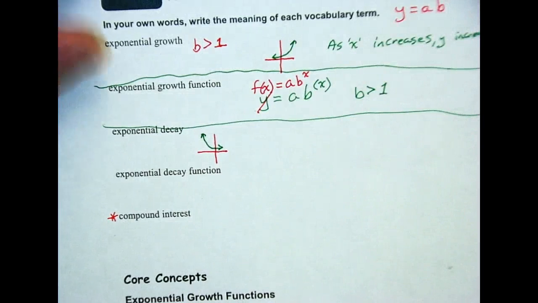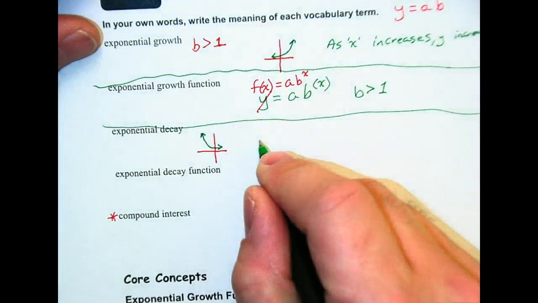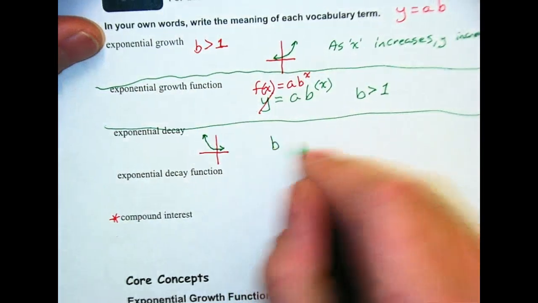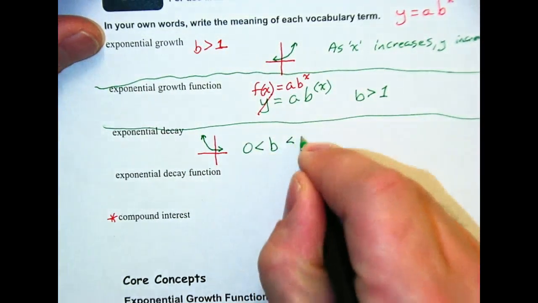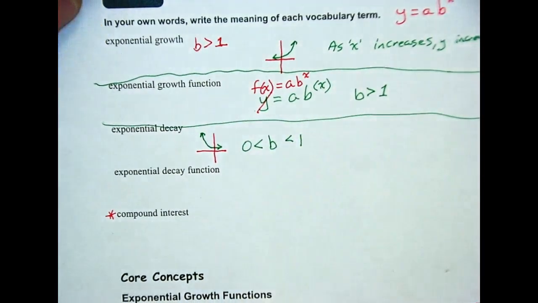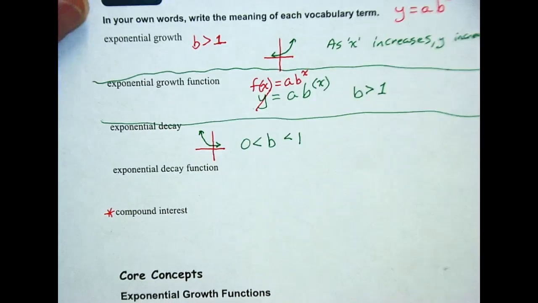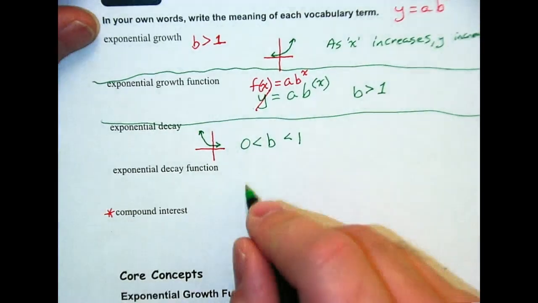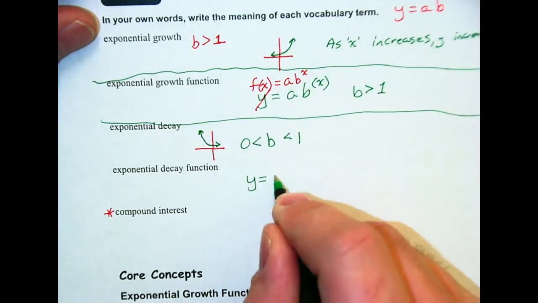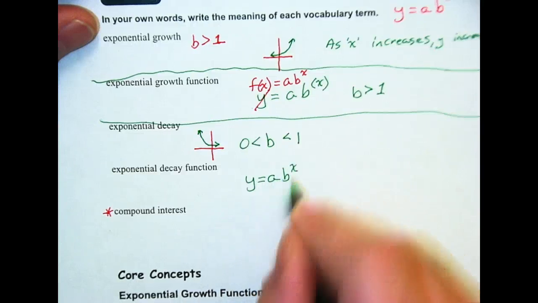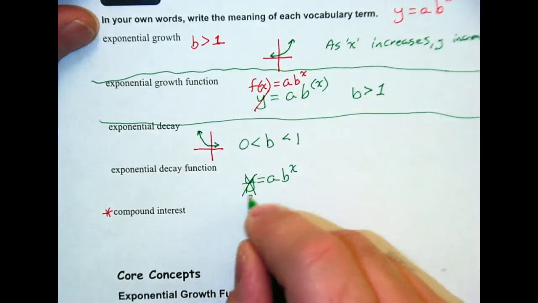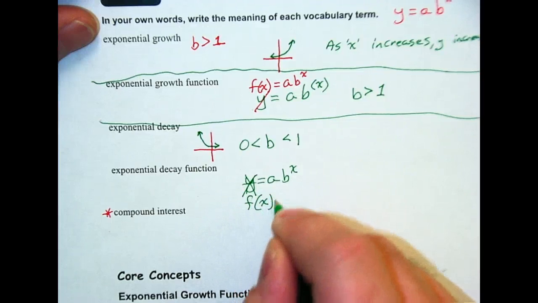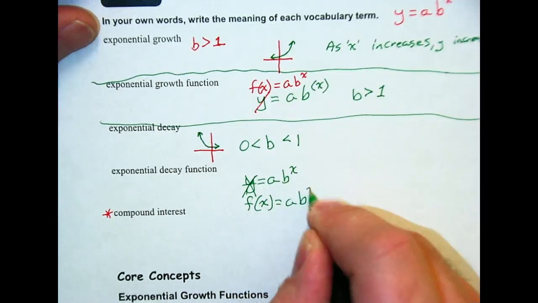Yeah. It's greater than 0 and less than 1. Good. B is greater than 0, but it's less than 1. Okay. And if you think of it in terms of function notation, y equals ab to the x. Remember, y is the same thing as f of x, so we'll write it like that. Okay.